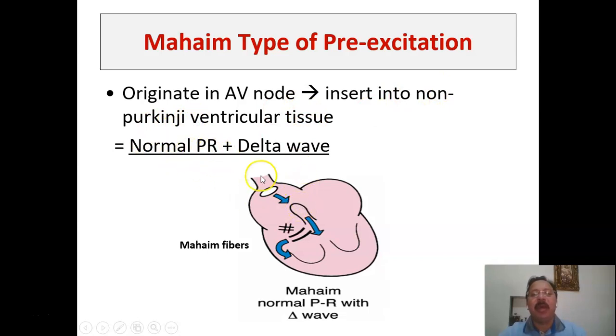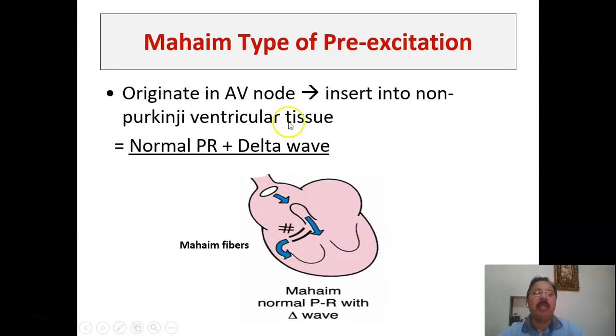You will get the normal PR interval, because the normal impulse originates from the SA node and goes to the AV node. It's fine. But here some of the current goes through the accessory pathway, the Mahaim fibers, and this causes pre-excitation of the ventricle, because it's going to the non-Purkinje system, to the myocardial tissues.